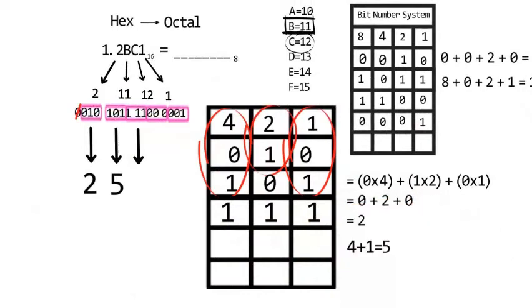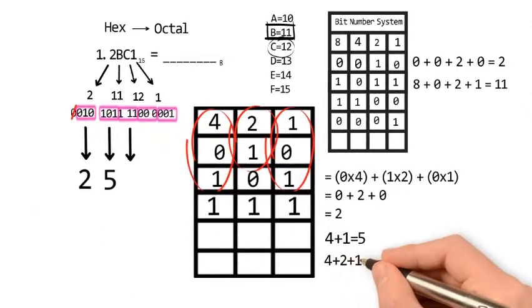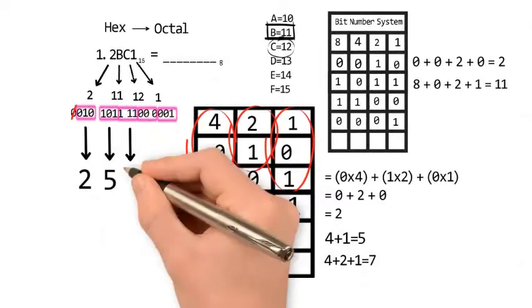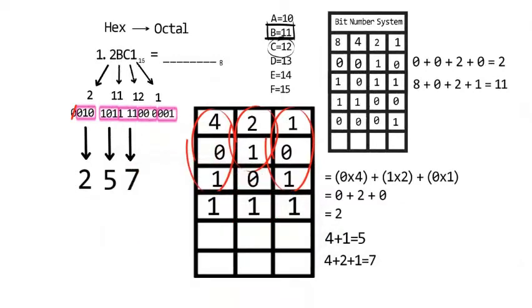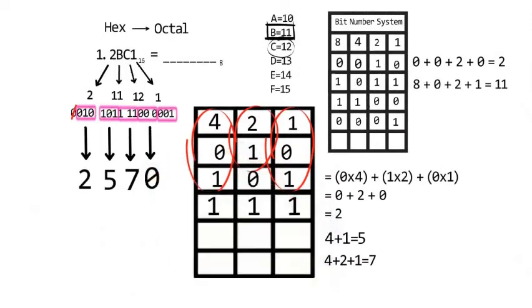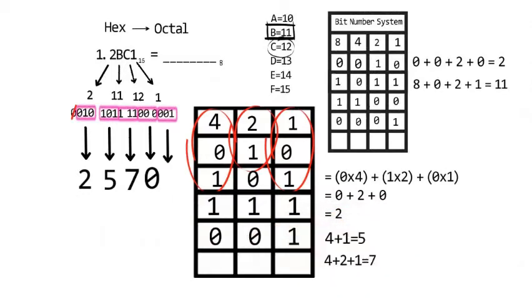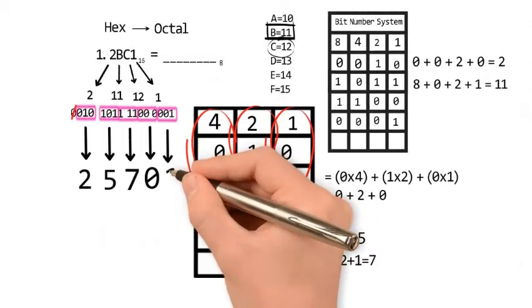And then we have 1, 1, 1. So 1, 1, 1, multiply each by 4, 2, 1, so that's 4 plus 2 plus 1 equals 7. And for 0, 0, 0, of course, that's automatically equal to 0, and then 0, 0, 1, so that's 1 times 1, so it's equal to 1.